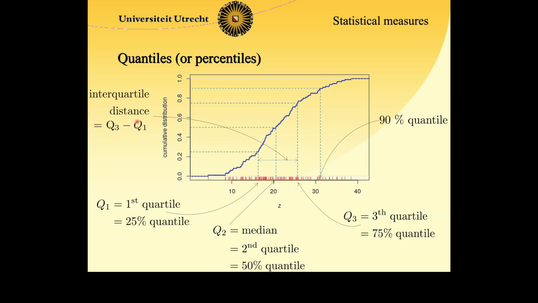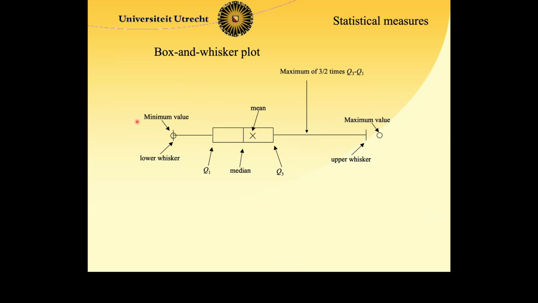Now we can summarize all these different statistics in one little plot, which is called a box and whisker plot. It's called a box and whisker plot because this is a box, and these are whiskers, like the whiskers of a cat. On this axis you plot the values.